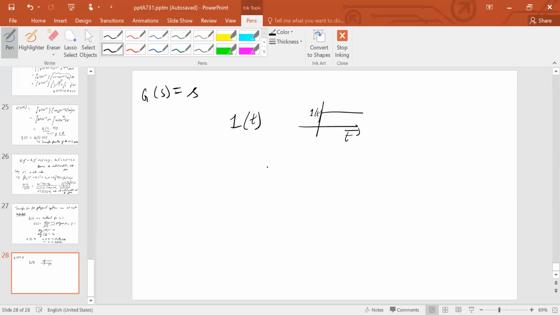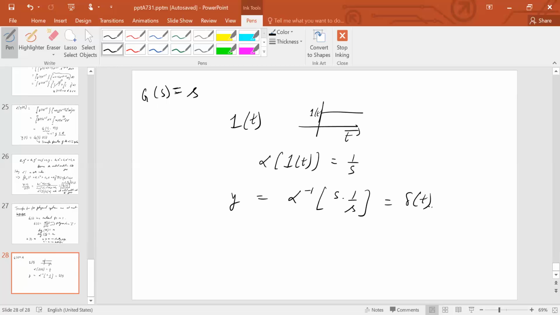The Laplace transform of 1(t) is nothing but 1 by s. So therefore the output will be the inverse Laplace transform of s times 1 by s, which is nothing but the impulse, right? So this generally doesn't happen. That's why all physical systems are generally strictly proper or at most biproper.